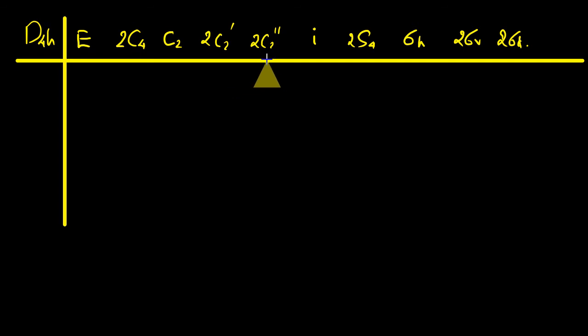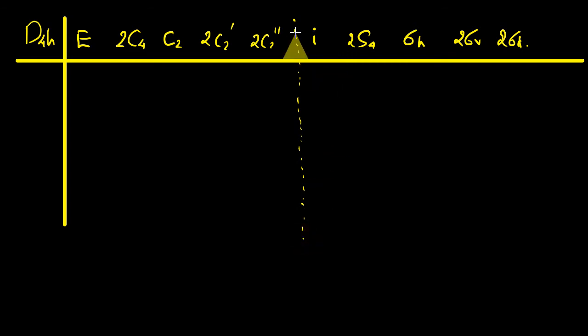Before that, we have to classify all these operations as either proper rotations or improper rotations. We already know that E and C4, C2, C2 dash, C2 double dash are regarded as proper rotations. So let me draw a dotted line here, and this dotted line will separate the proper rotations from the improper rotations.